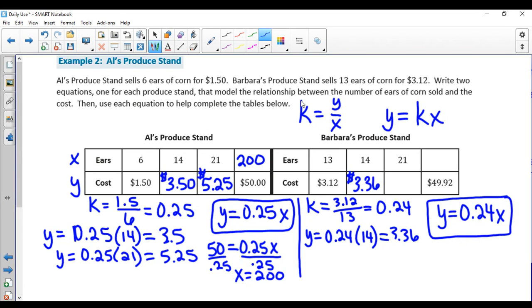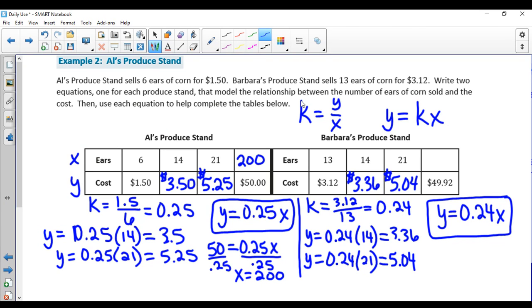We find the cost for 21 ears the same way. y equals 0.24 times 21. And when I put that in my calculator, I get 5.04, or $5.04.